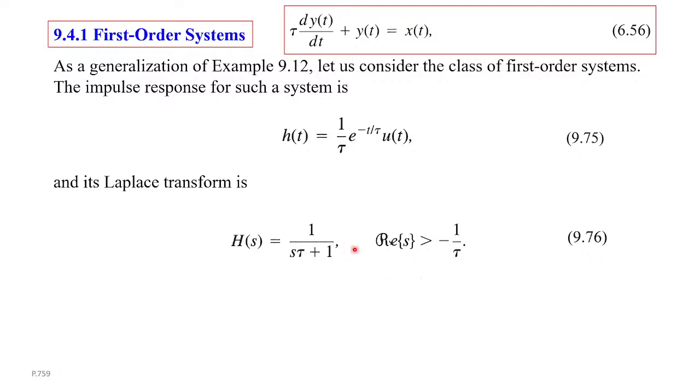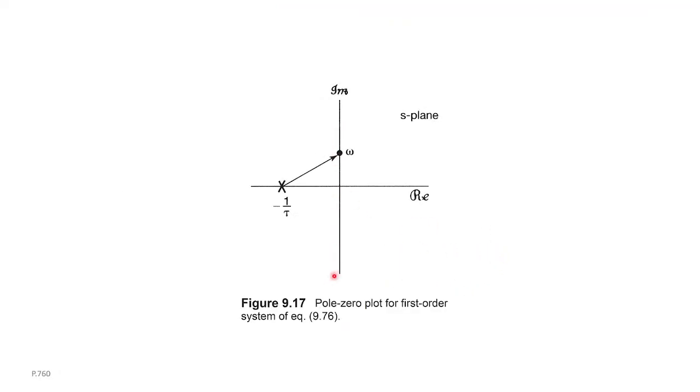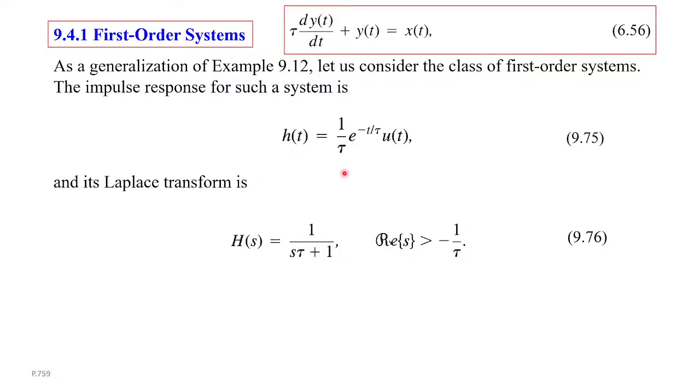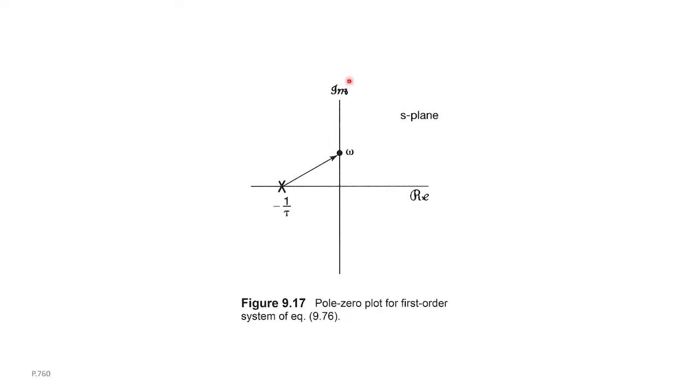We'll see about that later. But anyway, that's the Laplace transform, and it's nicely contained in the region, so assuming tau is positive, this contains the imaginary axis, so that's nice.